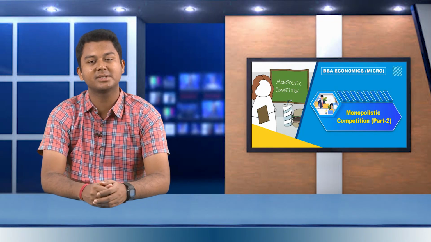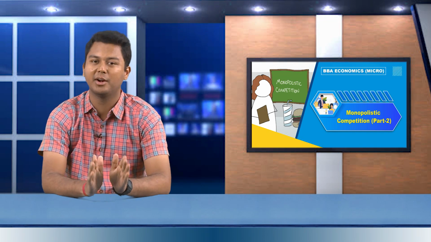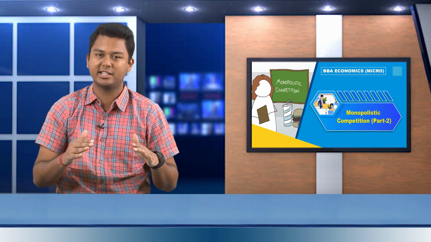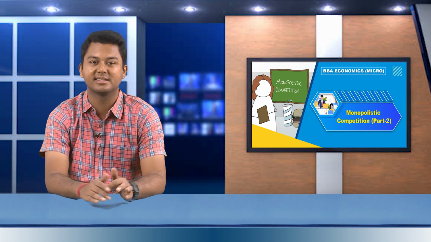Even though these firms sell similar products such as burgers, fries and beverages, each brand offers something slightly different to create a niche for itself in the market. The next component is easy entry and exit. The fast food industry has relatively low barriers to entry. Many local small scale entrepreneurs can open fast food restaurants and larger chains frequently expand.